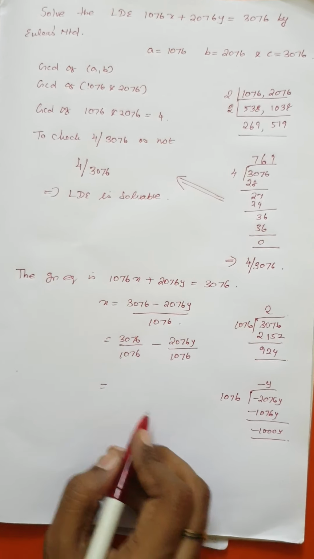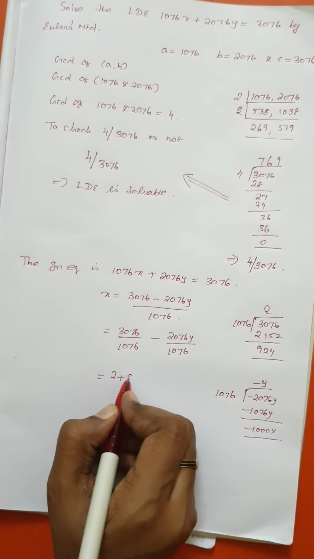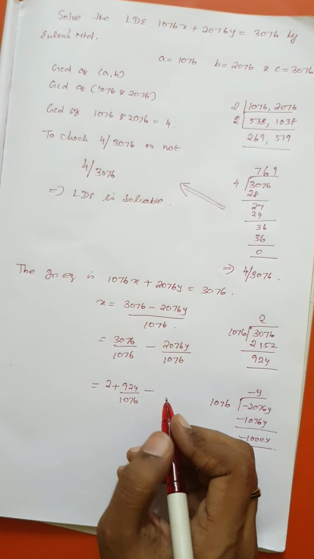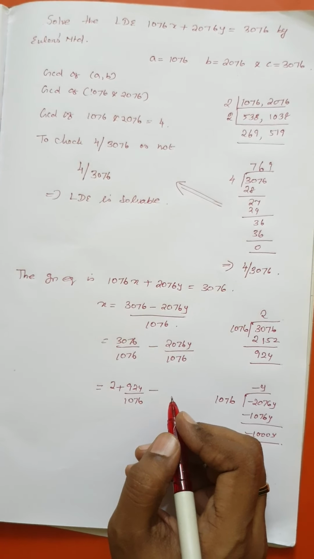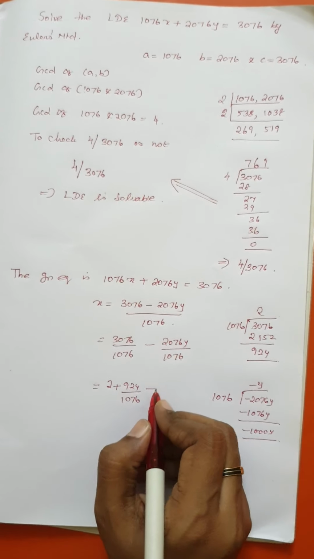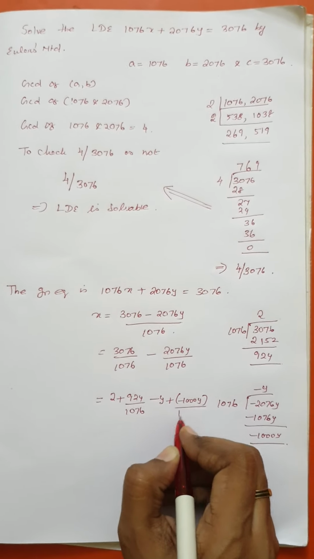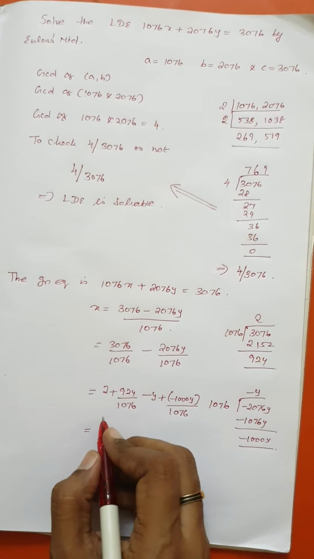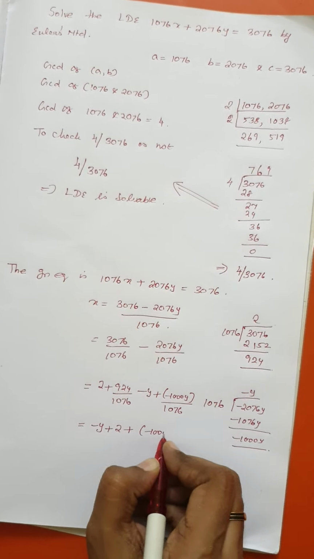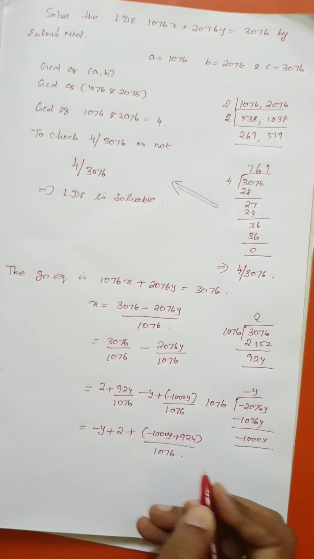So this number can be written as 2 plus 924 divided by 1076, and minus 2076y by 1076 can be written as minus y plus minus 1000y divided by 1076, which may be rewritten as minus y plus 2 plus minus 1000y plus 924 divided by 1076.